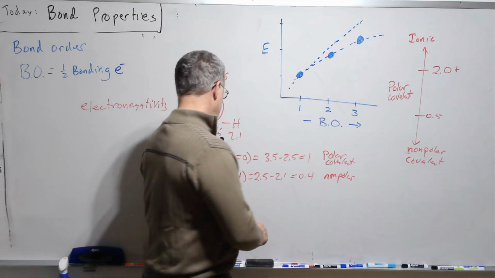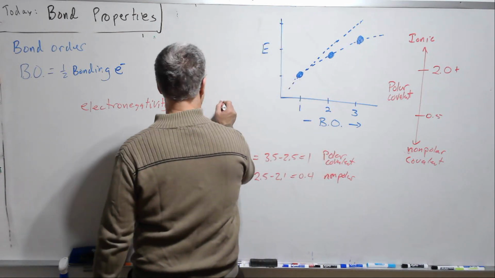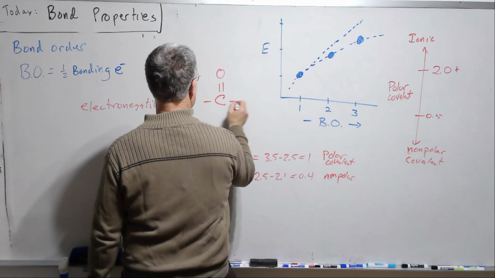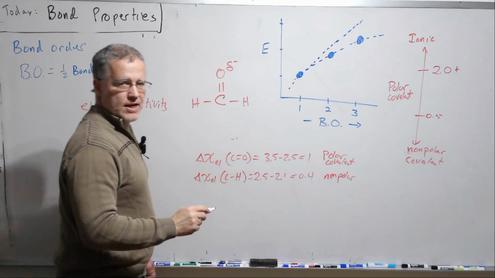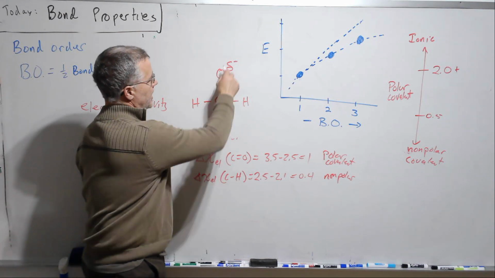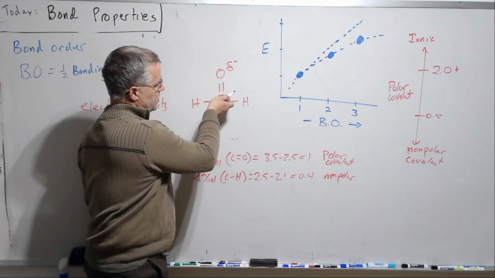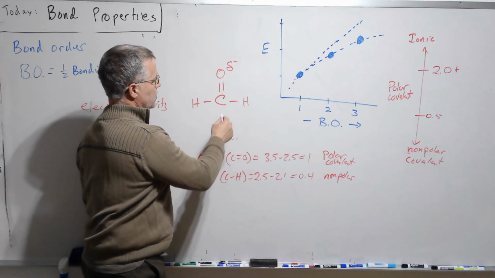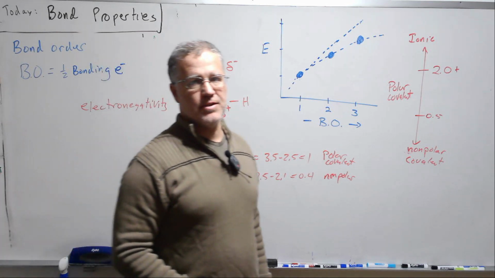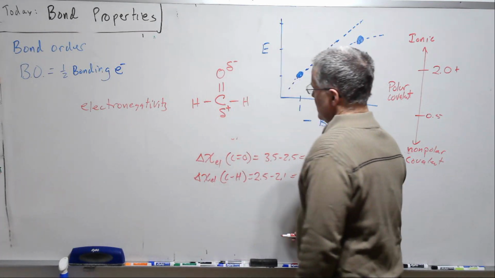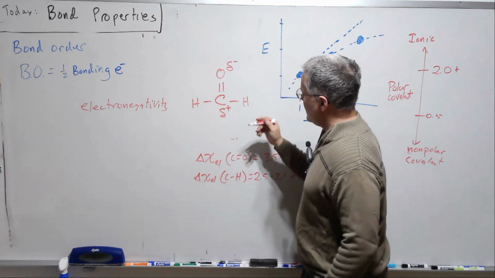Now, we indicate this in pictures on the Lewis structure by using a delta and a negative for a so-called partial negative charge. We don't have a full electron sliding over, but a partial electron, and then a partial positive on that carbon. Now note, this is for an individual bond.